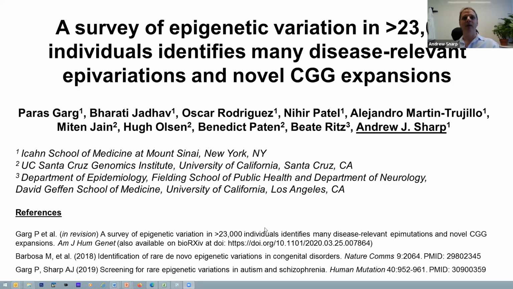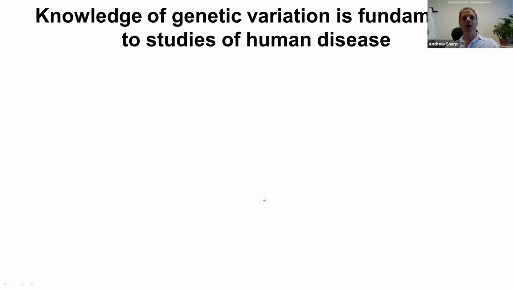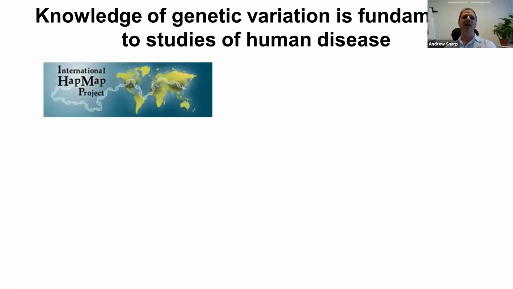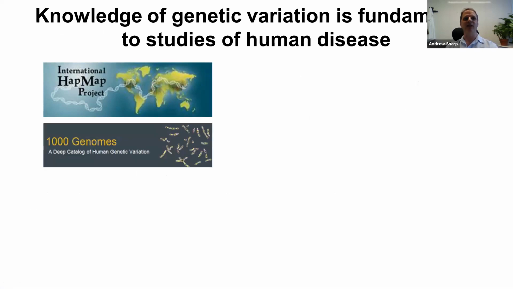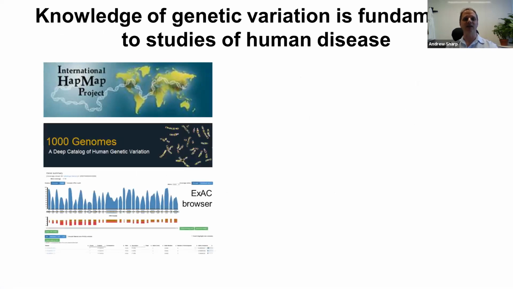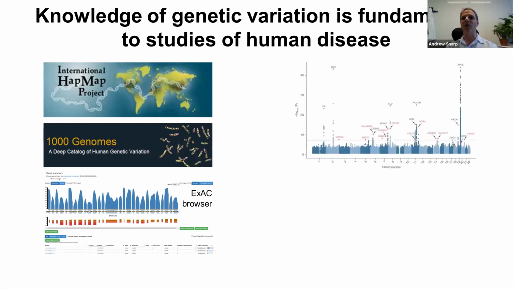Okay, so if we think back through some of the history of modern genetics in the last 2 decades, there's been some really important basic studies like the HapMap project, the 1000 Genomes project, and then aggregation consortia, things like the Exome Aggregation Consortium, that have given us huge leaps in our understanding of both common and rare variation.